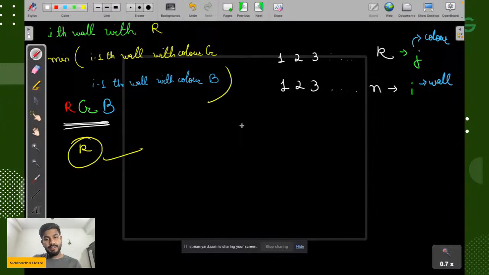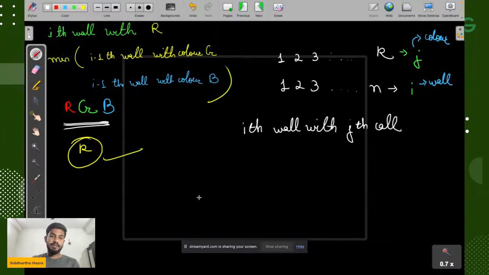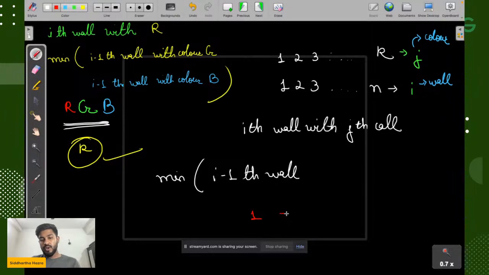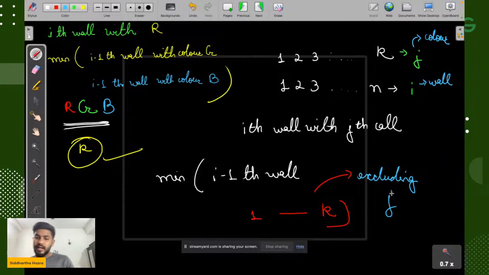If I want to paint the ith wall with the jth color, then it would be the minimum of the I minus 1th wall from 1 to K, excluding J. Excluding J itself.